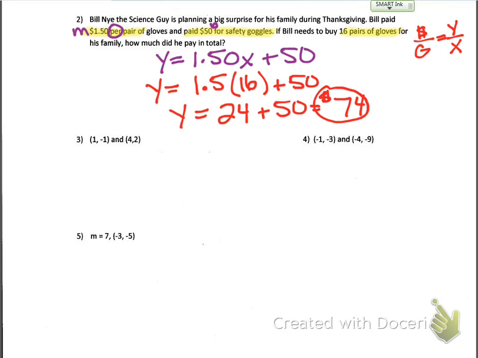So $74 is what Bill Nye the Science Guy is going to have to pay in total for his family and his big surprise. Now, the next thing we need to do is make this a non-linear equation. So let's go back up to the equation in purple. And what would be a way we can change this into a non-linear equation? Well, we talked about if x has something attached to it, so it's not just regular x.